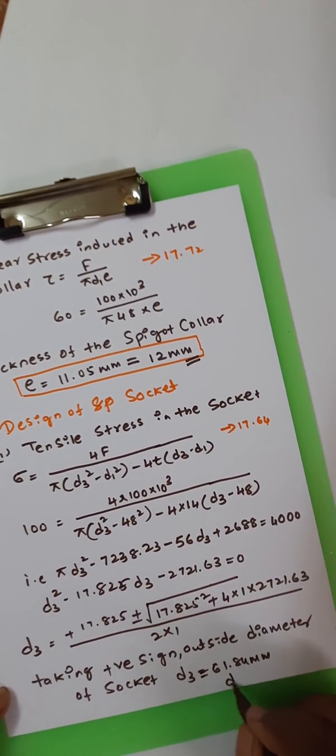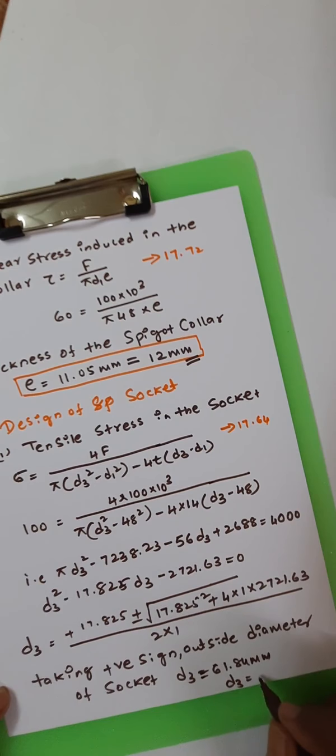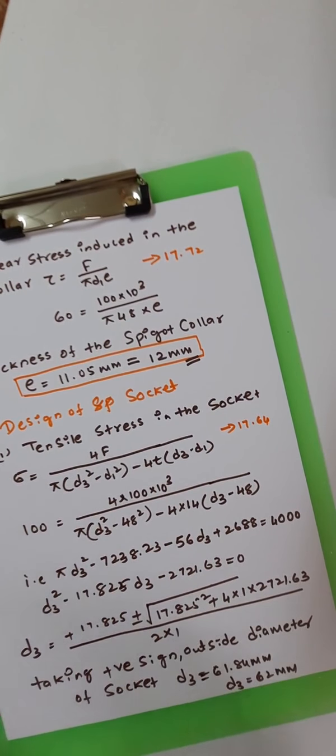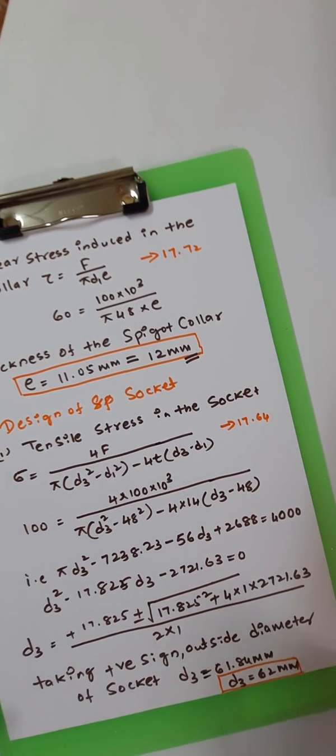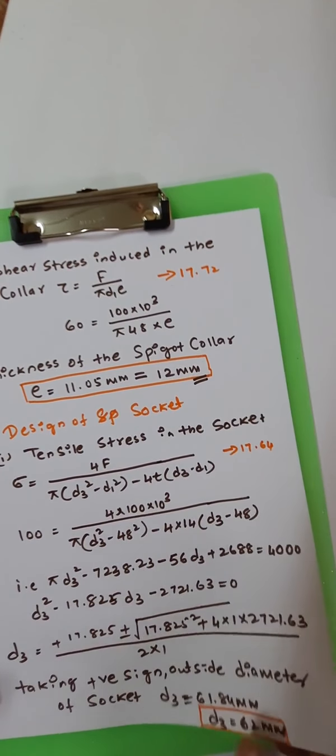So d3 is equal to 62 mm. This is the value of the outside diameter of the socket.